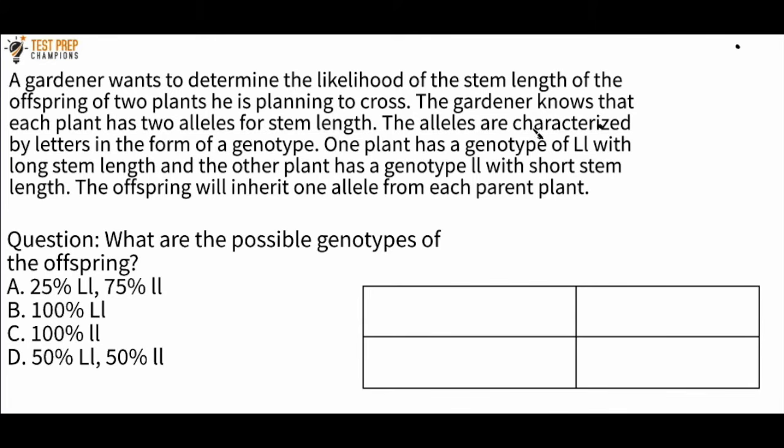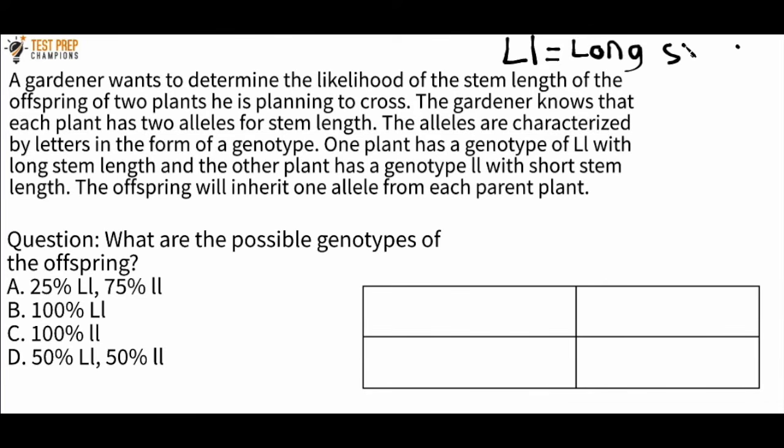All right, and so it tells us that one plant has a genotype of big L little l with long stem length. Each of these letters is called an allele. So one plant has a big L allele and a little l allele, and that plant has long stems. We don't know if that's the mom or dad plant.